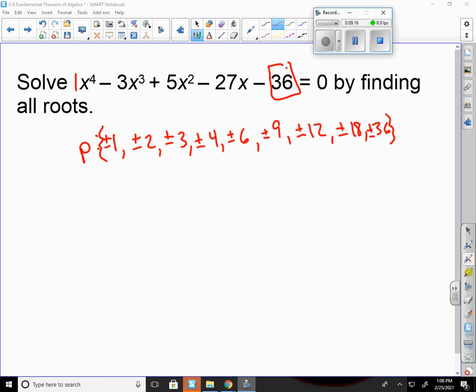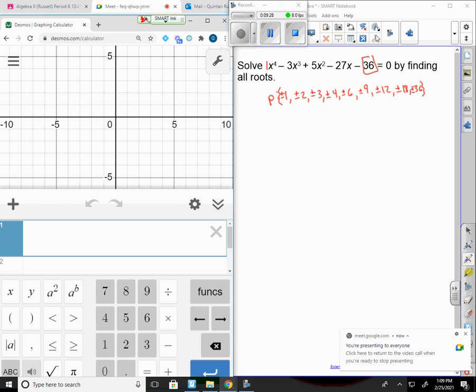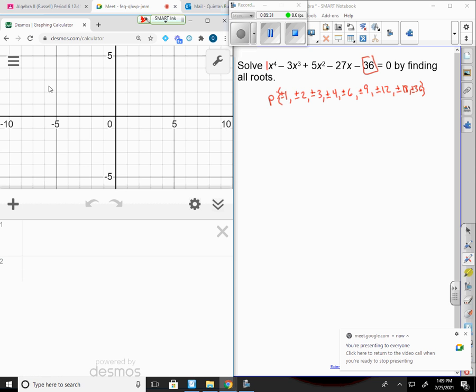All right, so if that's where I start, now I can start choosing roots. And remember, I told you that you can use Desmos to do that. So we're going to pick Desmos to start.